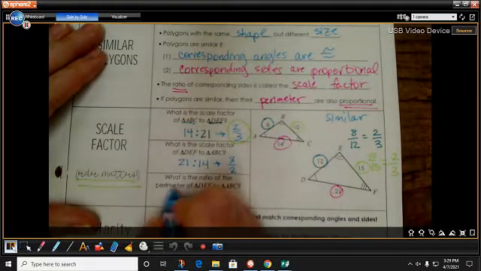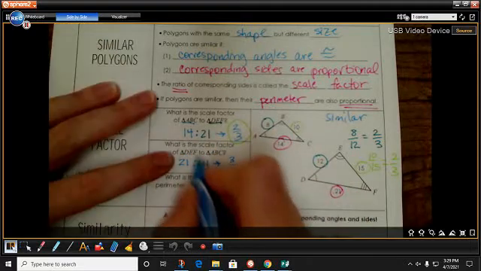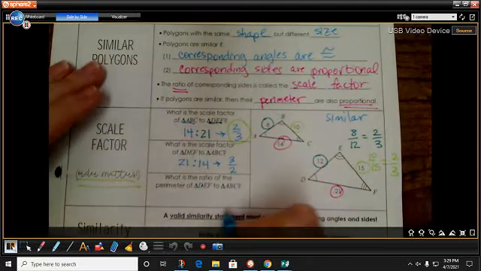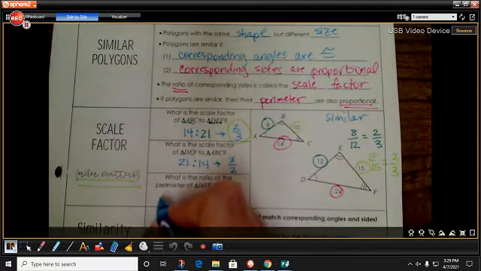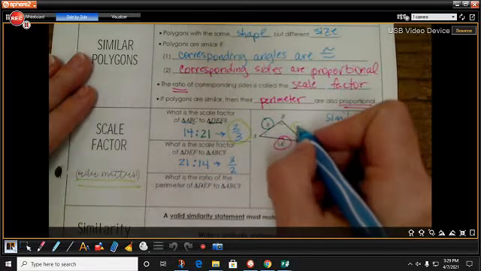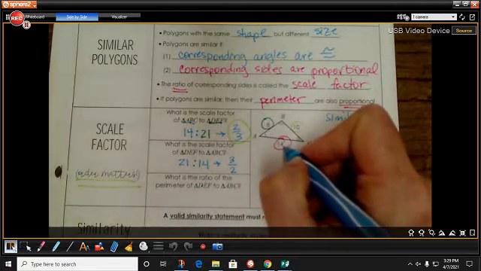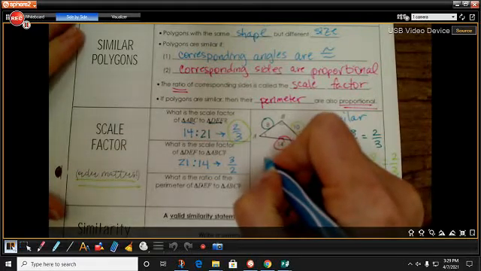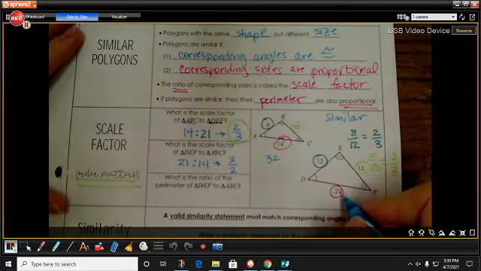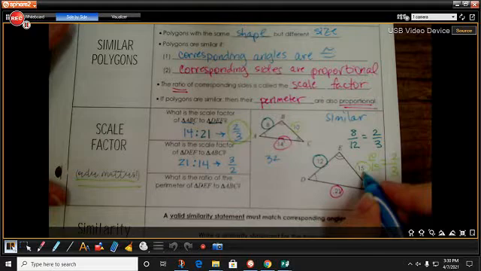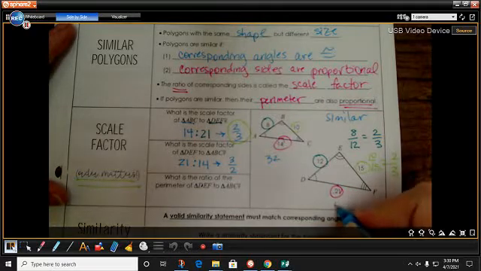Also, if I take the perimeter of these two, of DEF to ABC, the perimeters are also going to have the same ratio. So this perimeter, 8 and 14, is going to be 22 and 10, so this perimeter is 32. And this perimeter, 12 and 15, is 27 plus 21, which is 48.